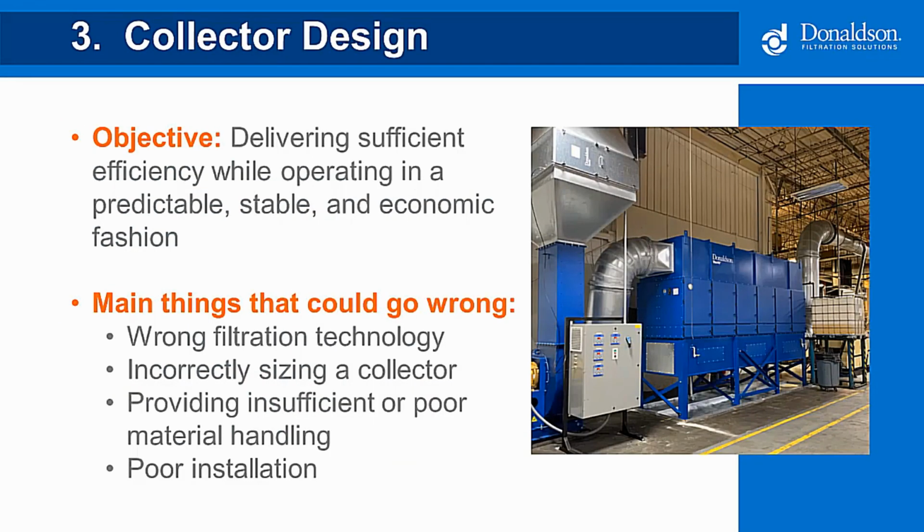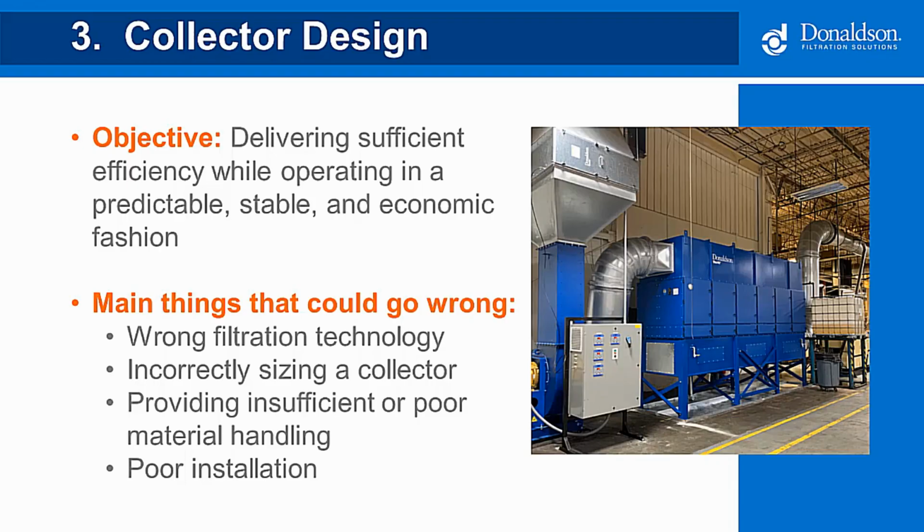So the third component, we've got good hooding. We've got the mist going to the collector. Now we're going to talk about the mist collector. Early in the presentation, we discussed the different types of filtration and how we go about sizing a system, so we're not going to get into any deeper discussion on that topic. But from a filtration system design standpoint, just remember the objective of a mist collector is to deliver sufficient cleaning efficiency while operating in a predictable, stable condition and in an economical fashion.